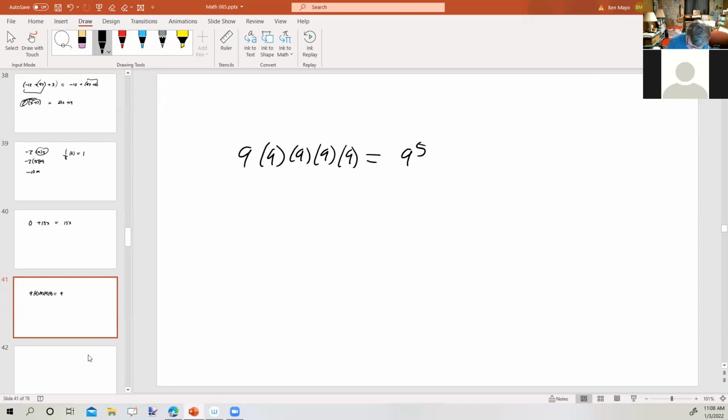So this would be 9 to the 5th power. 3 times x times x times z times z times z would be 3x squared z cubed. Any questions there?